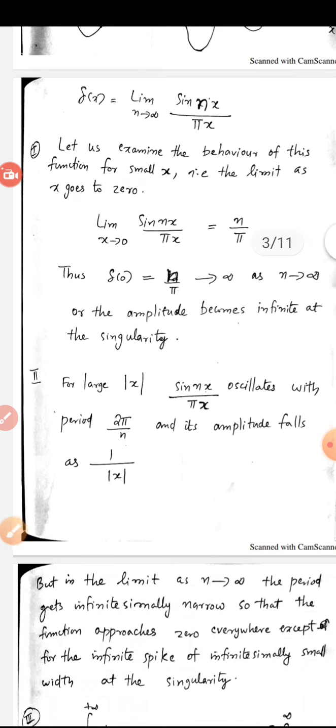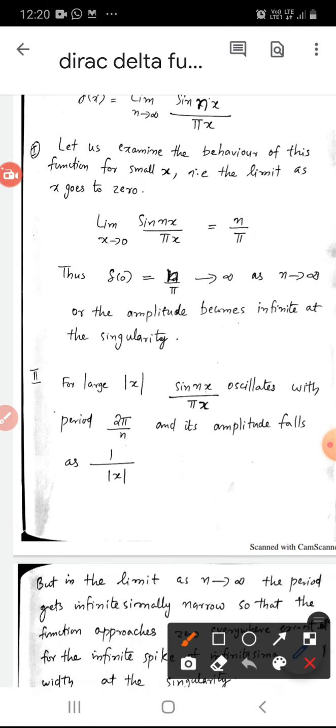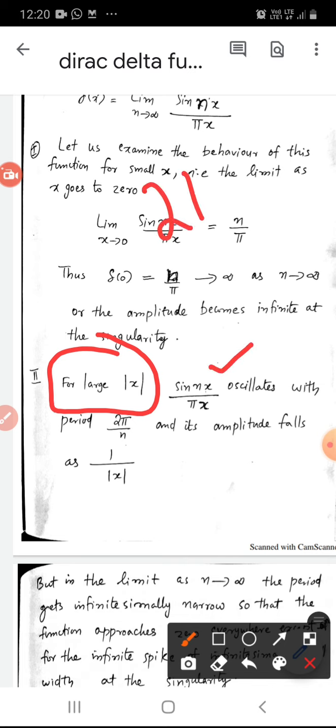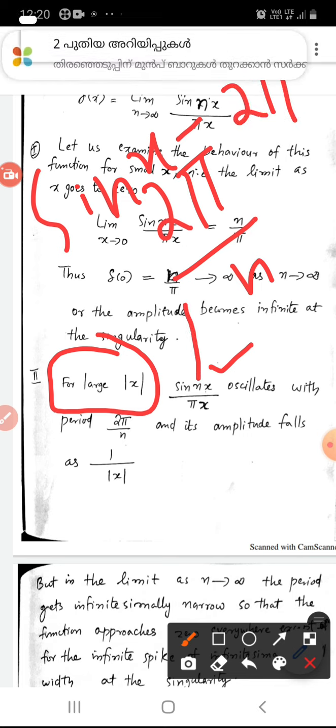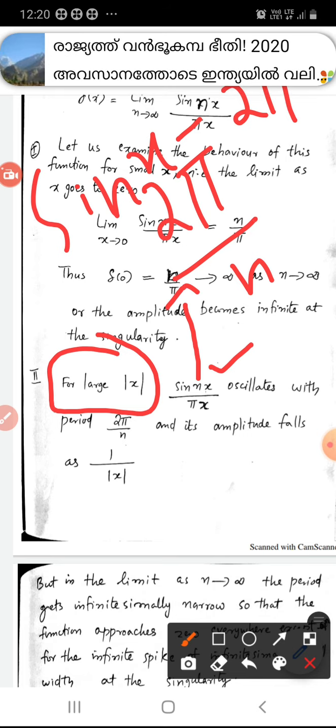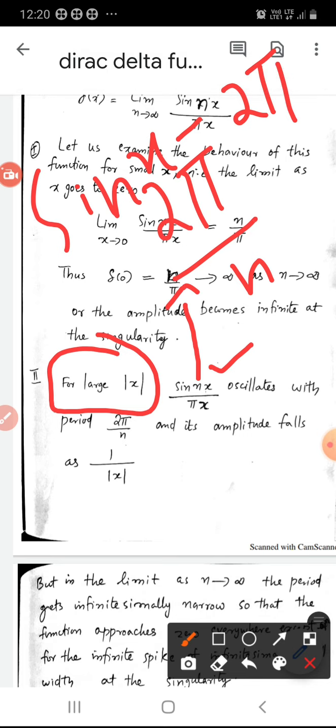For large |x|, the value of x very large, sin(nx)/(πx) oscillates. sin nx oscillates with period 2π/n, because sin x is an oscillatory function with period 2π.